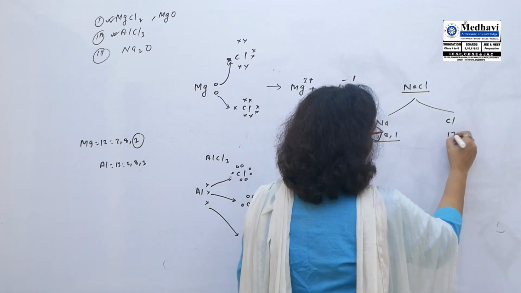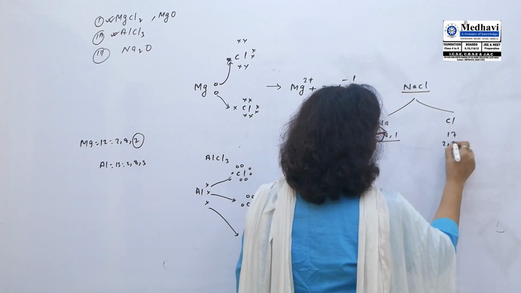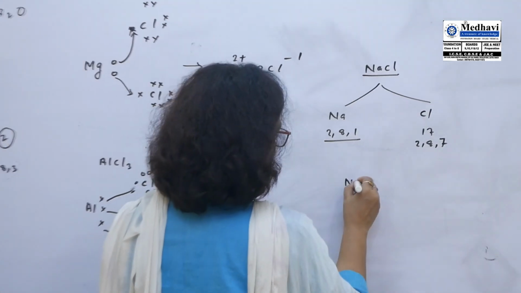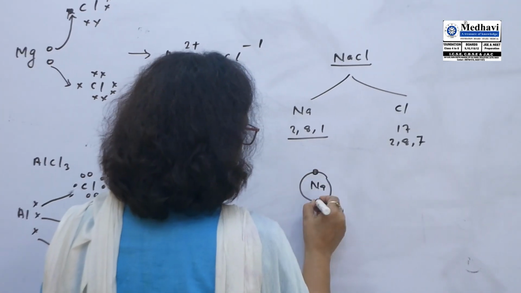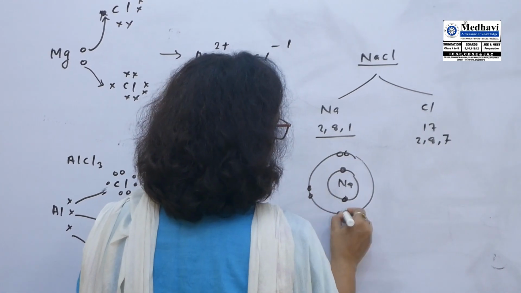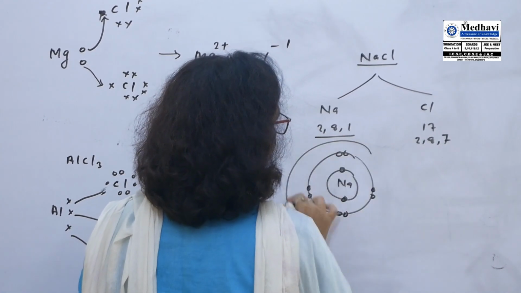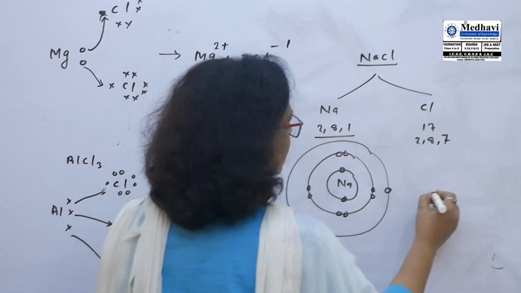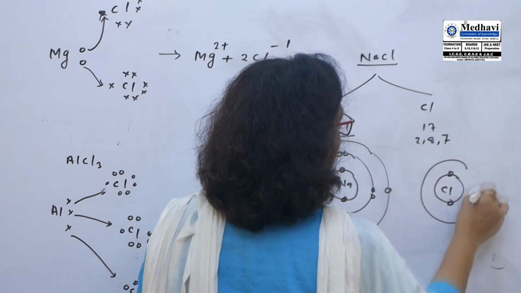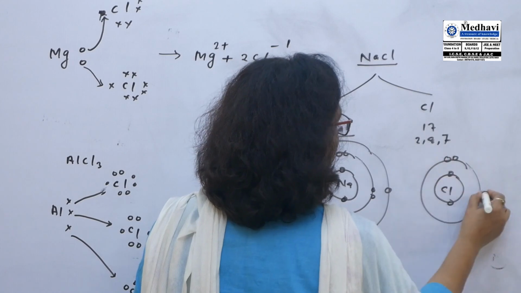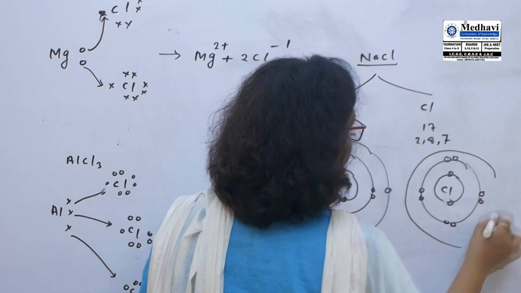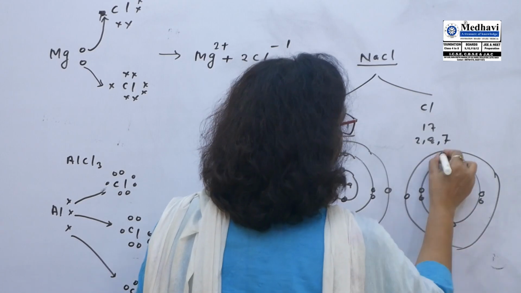Cl, atomic number 17: first orbit 2 electrons, second orbit 8 electrons, third orbit 7 electrons.